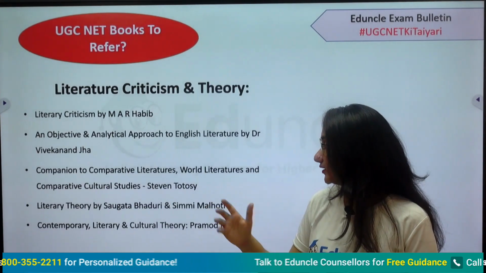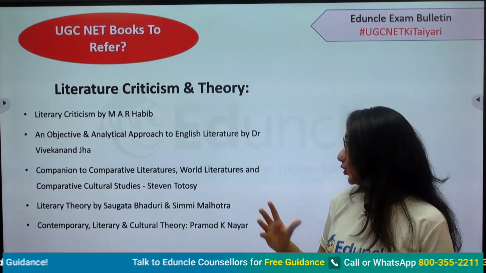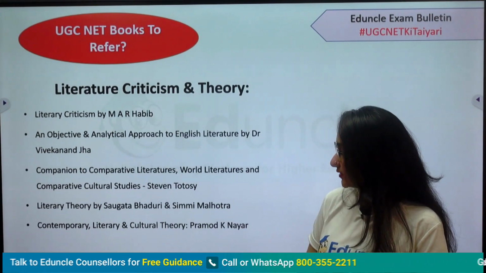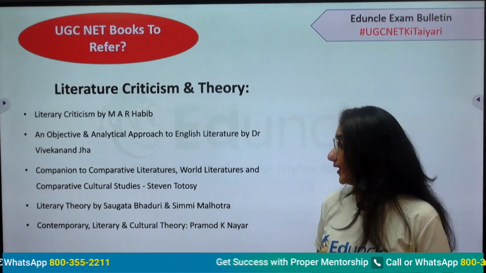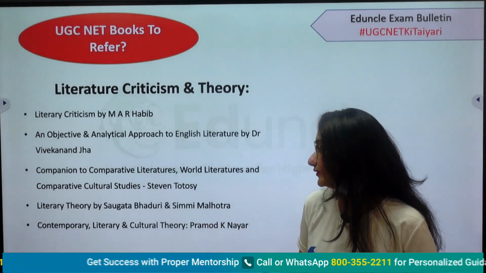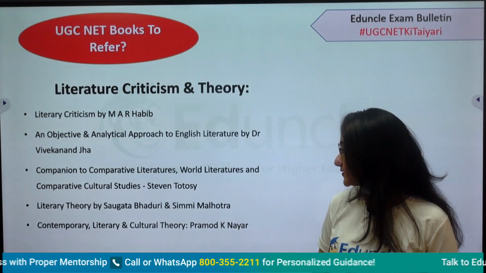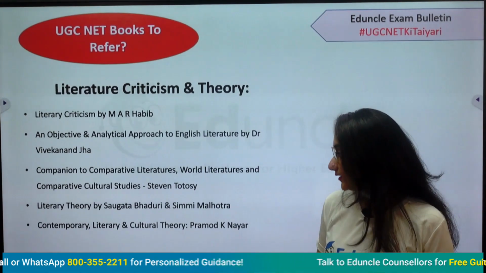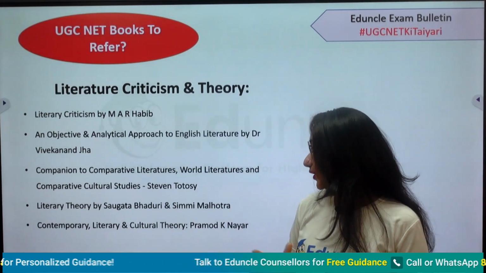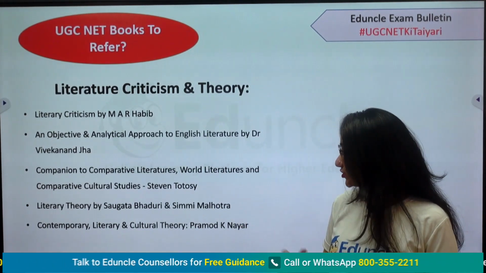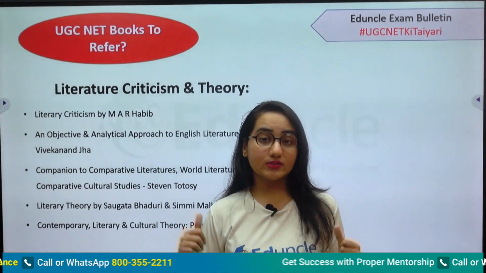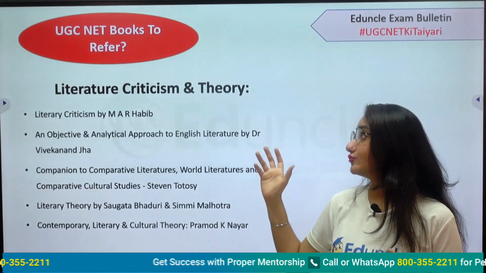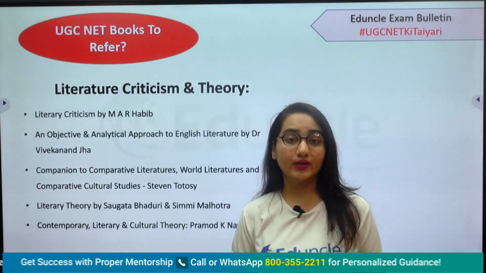Then there is Companion to Comparative Literatures, World Literatures and Comparative Cultural Studies, given by Steven Totosy. And then there is Literary Theory by Saugata Bhaduri and Simi Malhotra. And another book is Contemporary Literary and Cultural Theory by Pramod K. Nayar. So these are the books for the second part, that is literary criticism and literary theory.